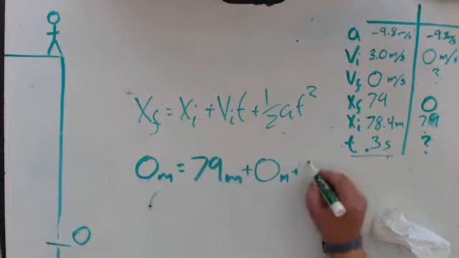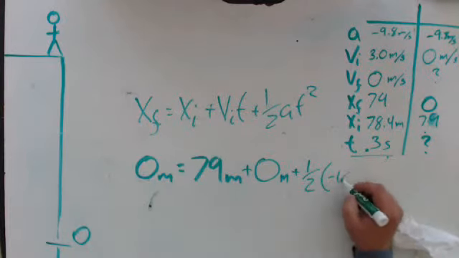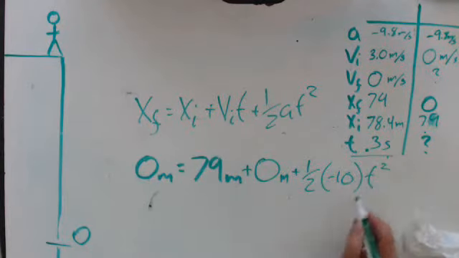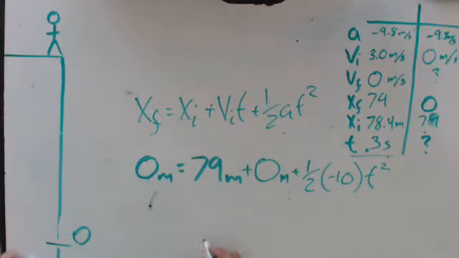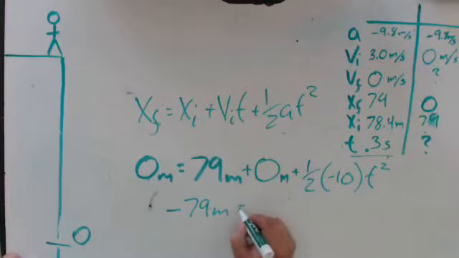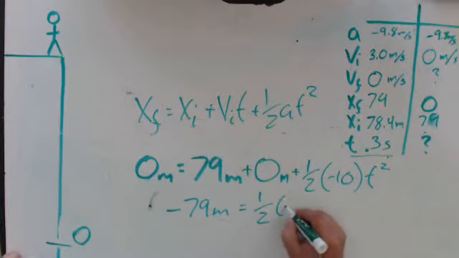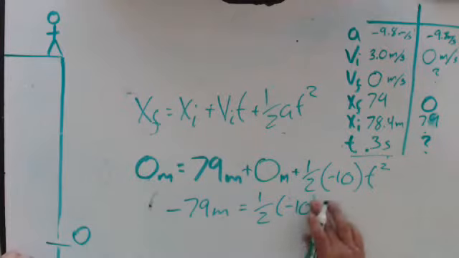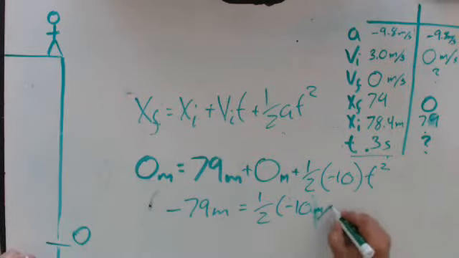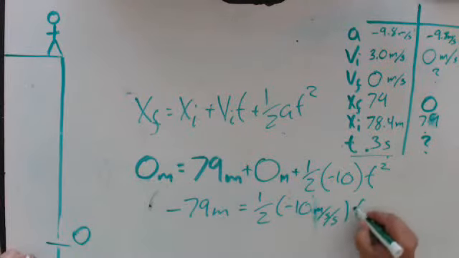Plus 1/2 negative 10 t squared. Okay? 79 goes to the other side, goes negative 79 meters, is equal to 1/2 negative 10, oh, look at that, forgetting my units, t squared.